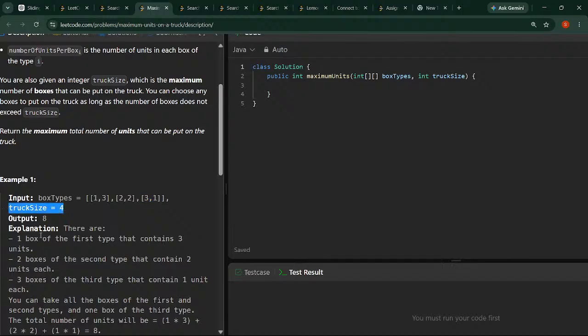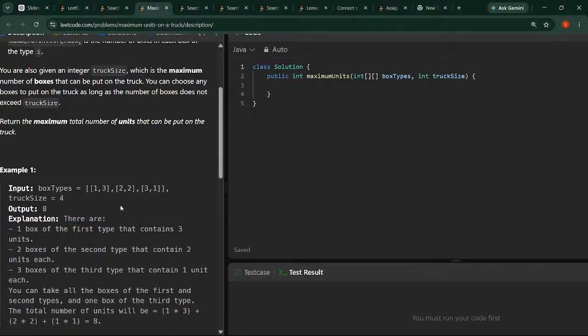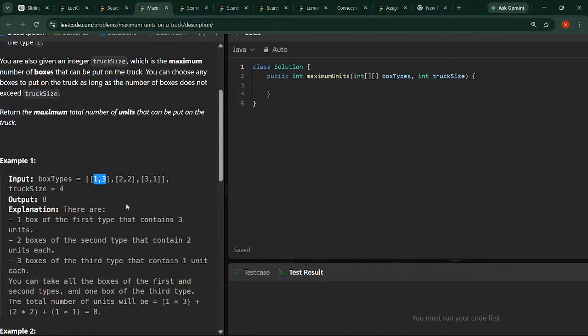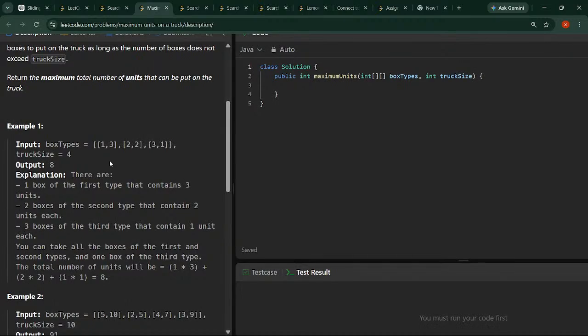I think I can take the first box and the third box, right? We have the maximum capacity of 4. The total number of units will be 8, but I need 1 into 3, that is 3 plus 4 plus 1.